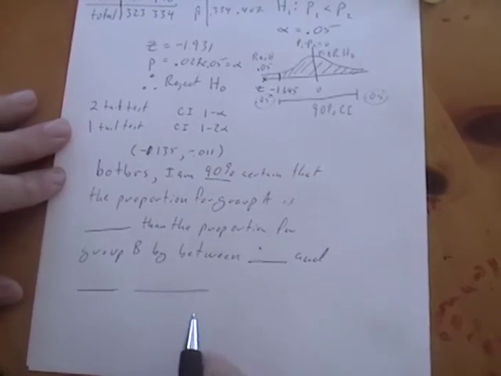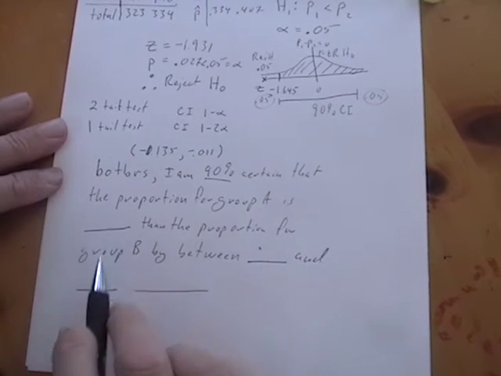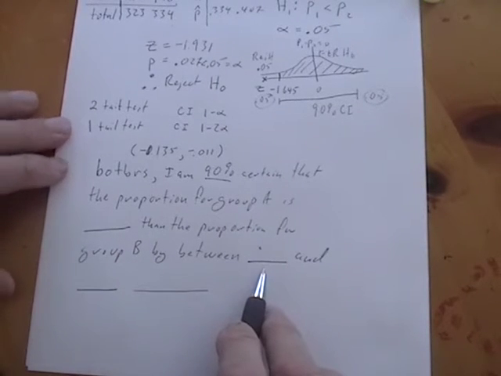I just want to explain what goes into these blanks.